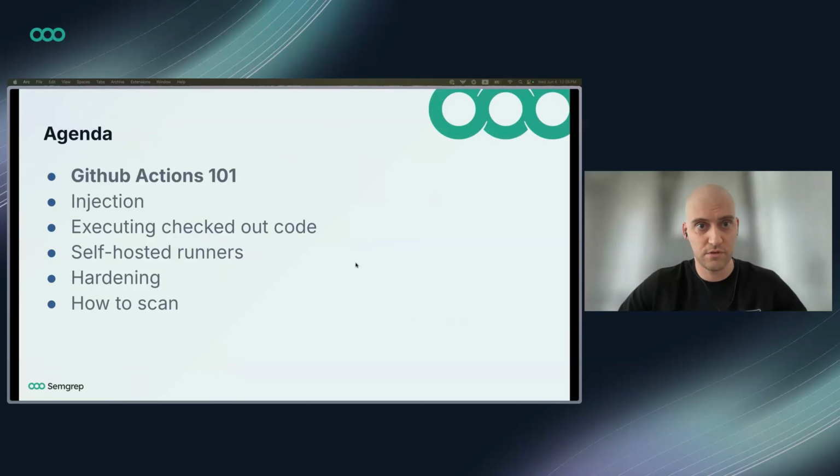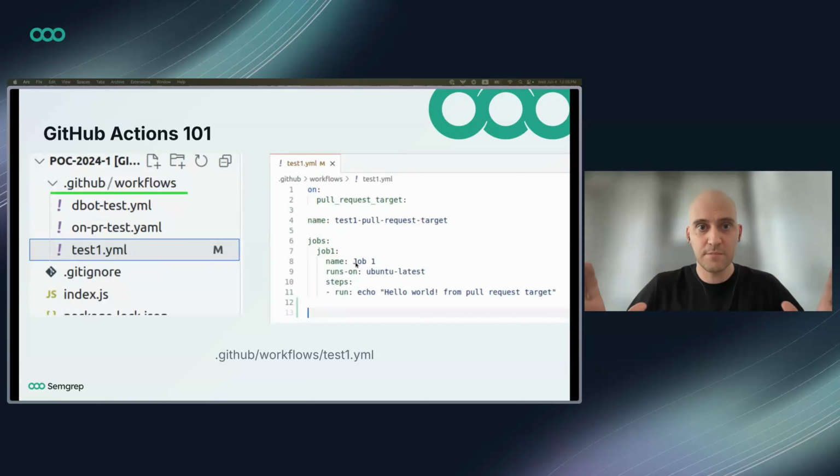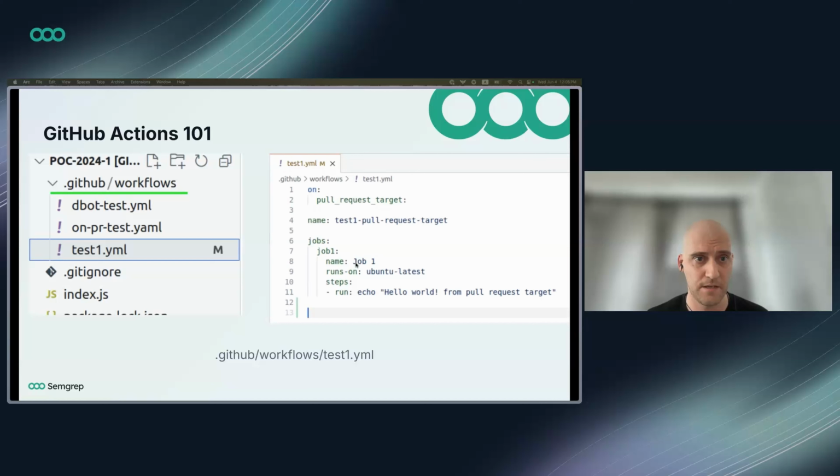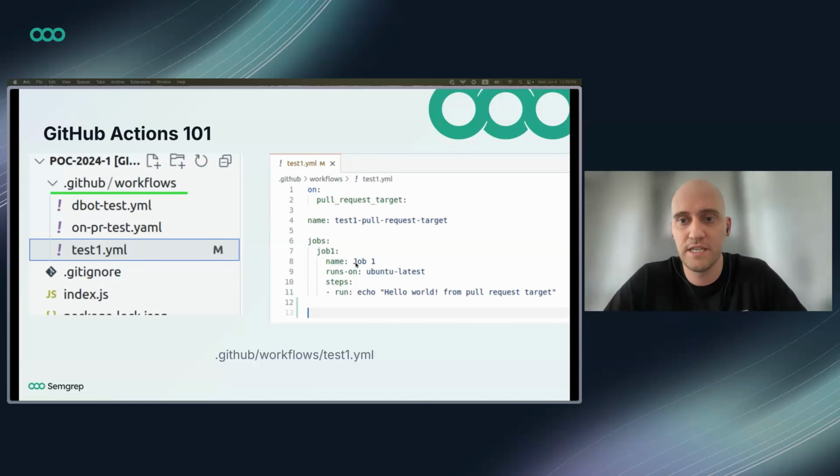So let's go. Let's do a very quick one-on-one. GitHub Actions is the CI/CD platform. It allows us to automate different activities on the code base, like build code, test code, release, do all this stuff that other CI/CD platforms do. And GitHub Actions are driven by workflows.